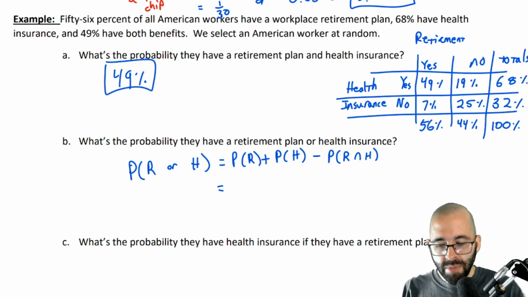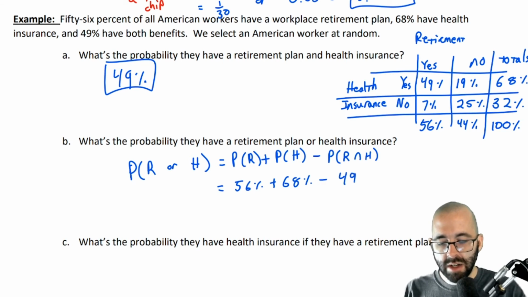So that's going to be the probability of a retirement plan, which is 56%, plus the probability of health insurance, which is 68%. And we have to get rid of double counting because 49% have both. And if you type this into a calculator, you should get 75%.